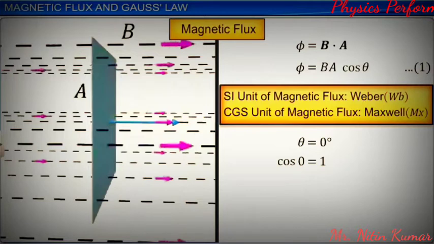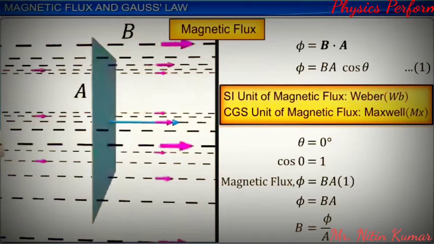Thus, the magnetic flux, phi, is equal to BA. When the flux passing through a given area is maximum, the magnetic flux passing per unit area is called magnetic flux density. Then, the magnetic flux density B is equal to phi by A. Let this be equation 2.